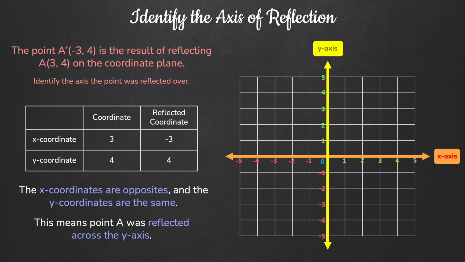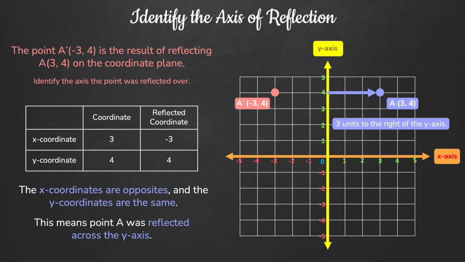Again, here we have our x-axis and our y-axis. And here we have A and A prime. Notice that A is 3 units to the right of the y-axis, and A prime is 3 units to the left of the y-axis, meaning that it was reflected over the y-axis.